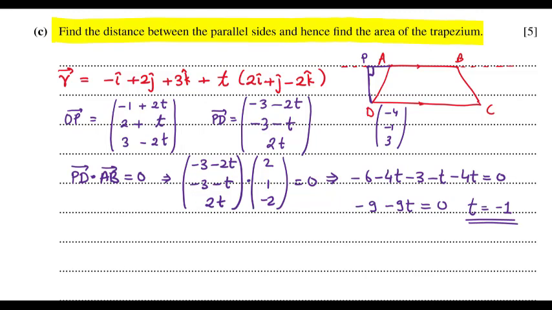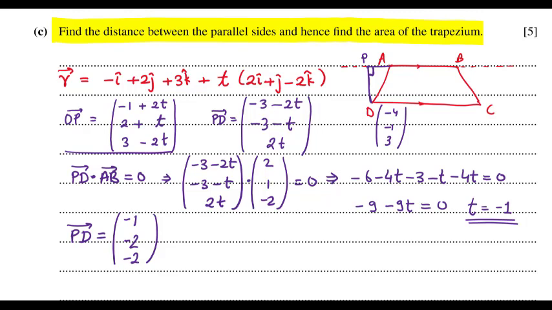So once we got t value as -1, it means we got the exact coordinate of P such that this is 90 degree. So we got the PD vector, we will substitute t equals -1. So it is -3 plus 2 is -1, -3 minus (-1), so -3 plus 1 is -2, and 2 minus 1... is -2.